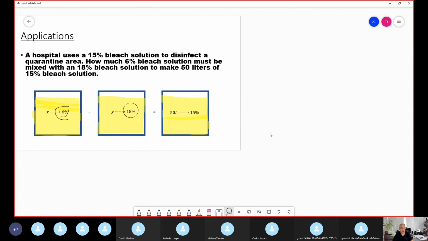Let me try. We have different quantities in that problem. One is concentration. Let me call concentration C. And we have volume. And we have 3 different concentrations, 6%, 18%, and 15%.